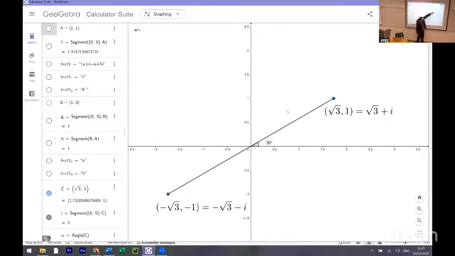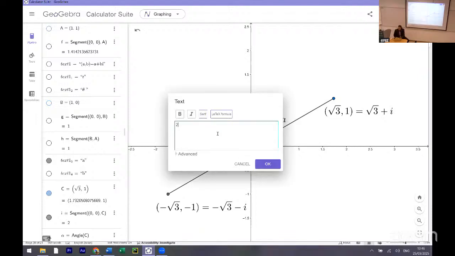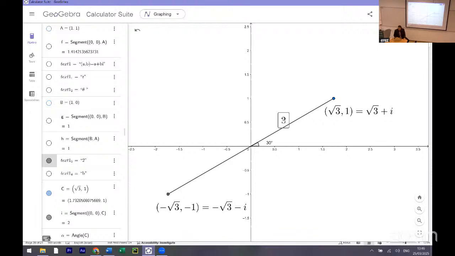So the complex number square root of 3 plus i is that point, and the distance was 2. So now I'm asking about the minus this number, which means minus square root of 3 minus i, and I ask what is its angle.